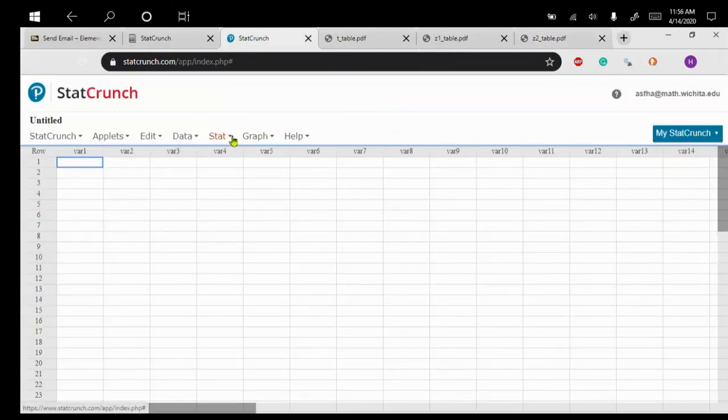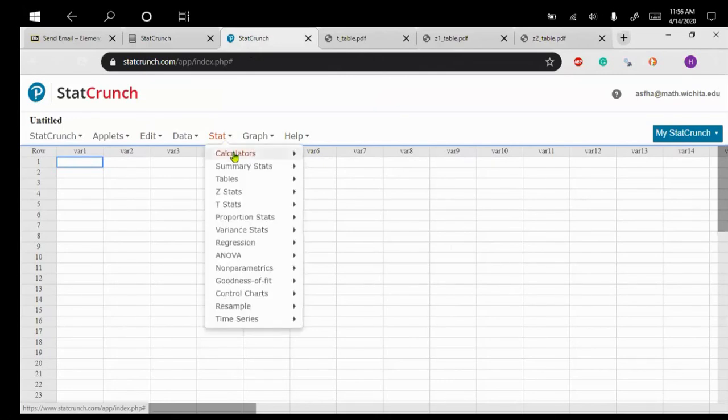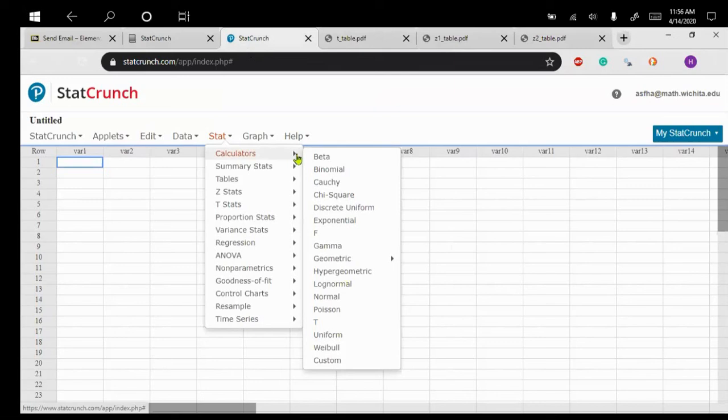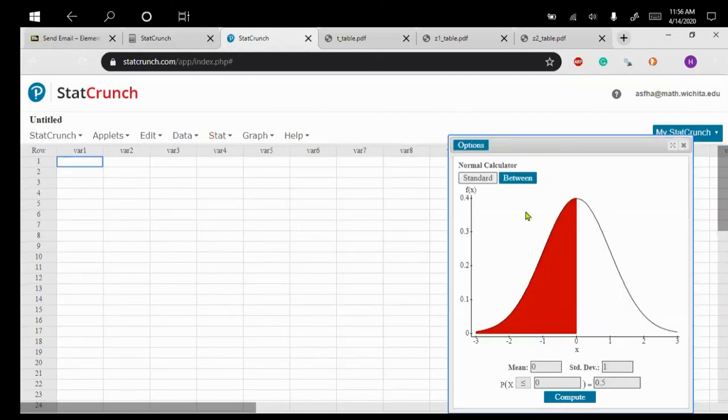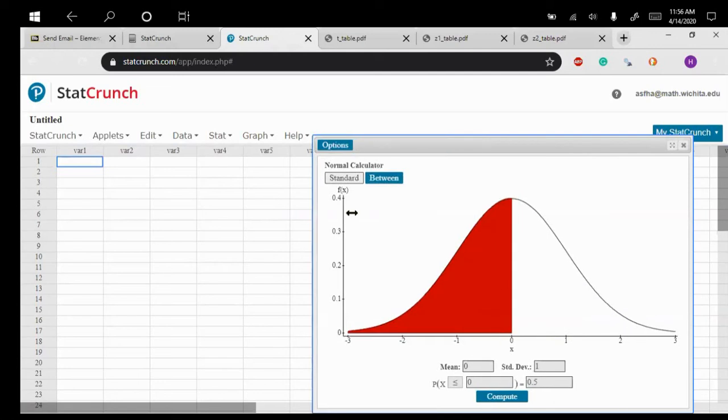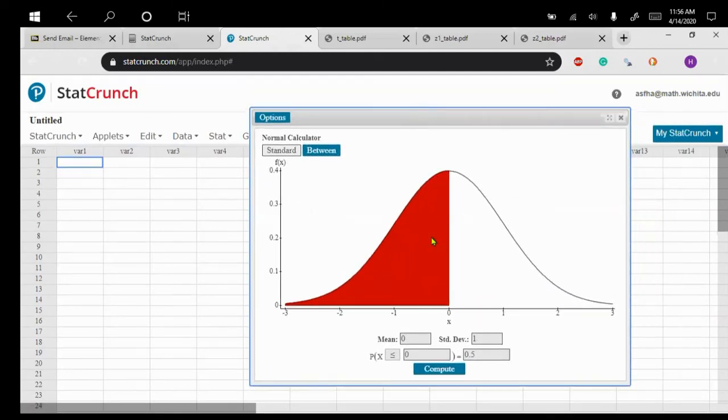So to find the p-value, you just go to Stats, Calculators, and then Normal, because we are dealing with a normal model. And here, what do we know? We are trying to find only one side. You don't have to worry about the right side now, because finding one side is good enough.